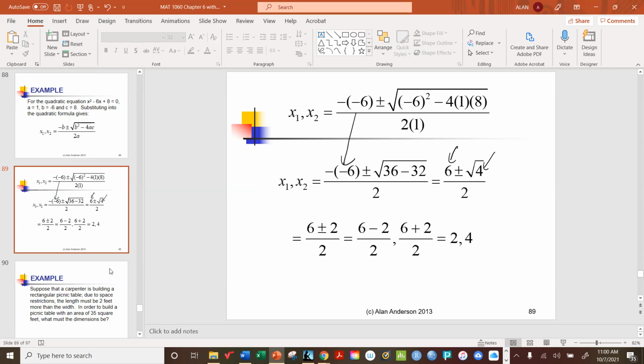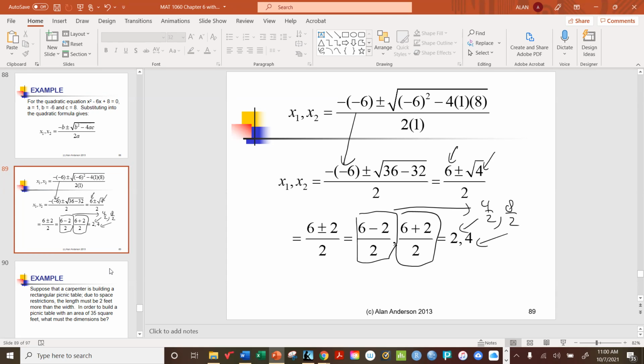So we have 6 plus or minus 2 over 2, or rewrite this as 6 minus 2 over 2, 6 plus 2 over 2. And these two can be written individually as 4 halves and 8 halves before you convert them into 2 and 4. And we're done.